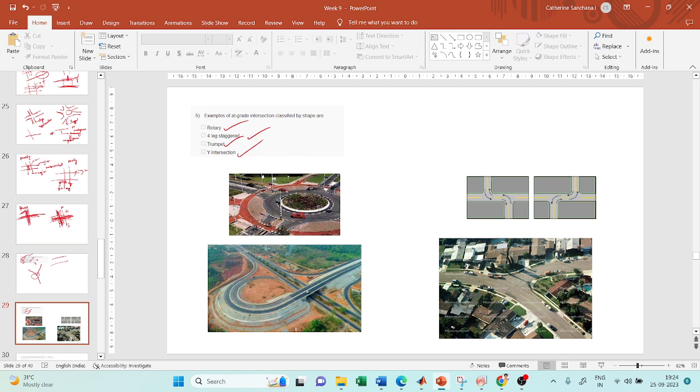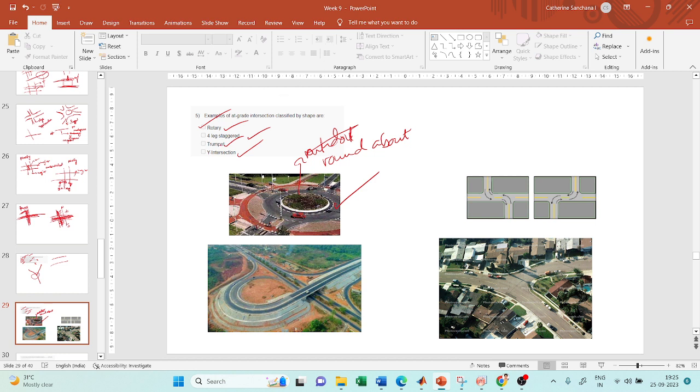You know what a rotary intersection is. It is nothing but a roundabout, okay. So is this an at grade intersection? Yes, a rotary intersection is an at grade intersection. You will also have rotary interchange, okay, so that is different, okay. So this is an intersection, so it is an at grade intersection. So this is one of the correct answers.